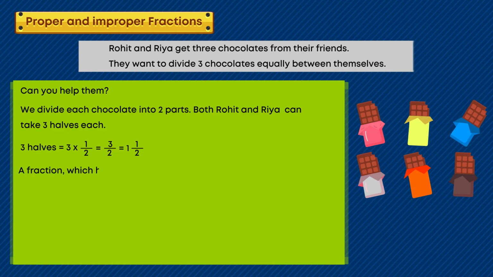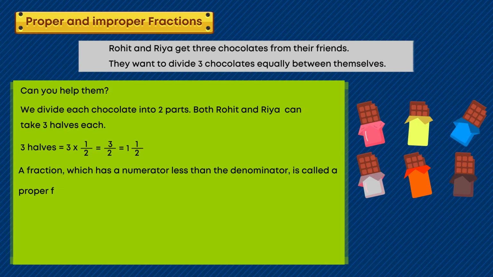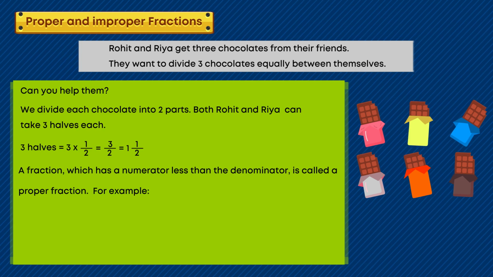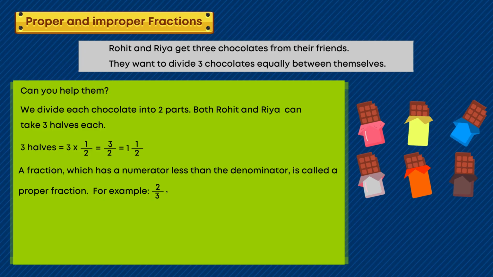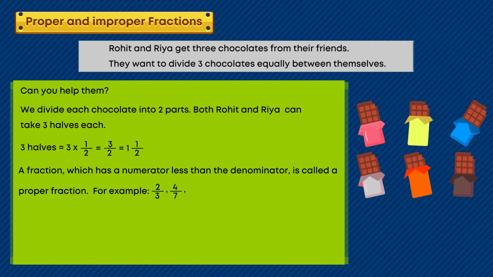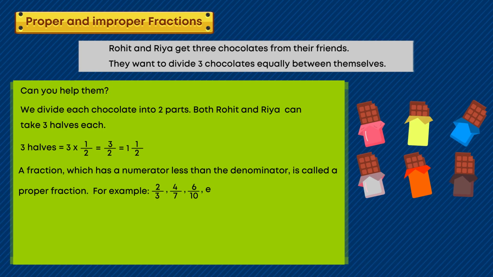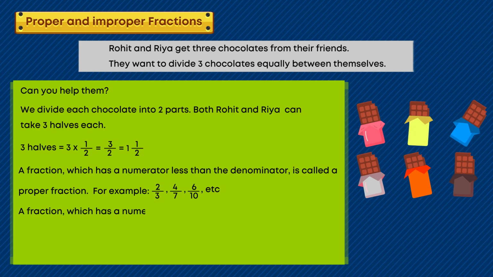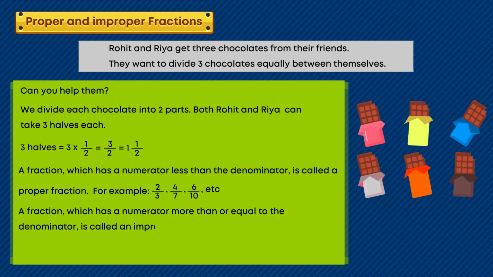A fraction which has a numerator less than the denominator is called a proper fraction. For example, 2/3, 4/7, 6/10, etc. A fraction which has a numerator more than or equal to the denominator is called an improper fraction.